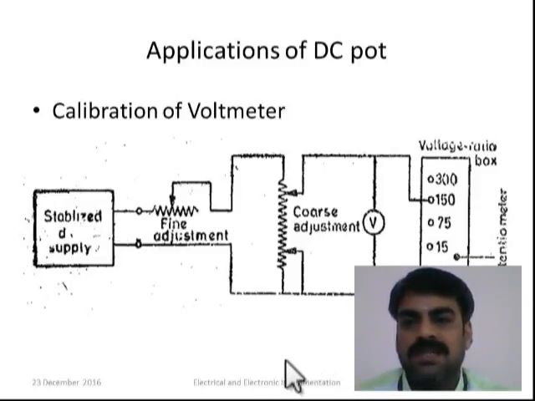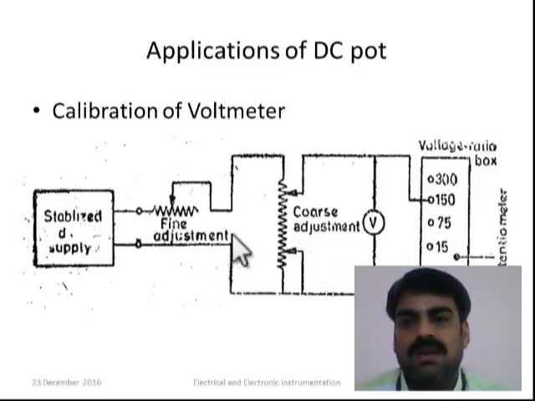So this is the basic arrangement. Here there is a provision for coarse adjustment and fine adjustment. With the coarse adjustment, we can approach the major scale as quickly as possible, and the fine adjustment is used to make the pointer exactly coincide with the major scale or the fine divisions.